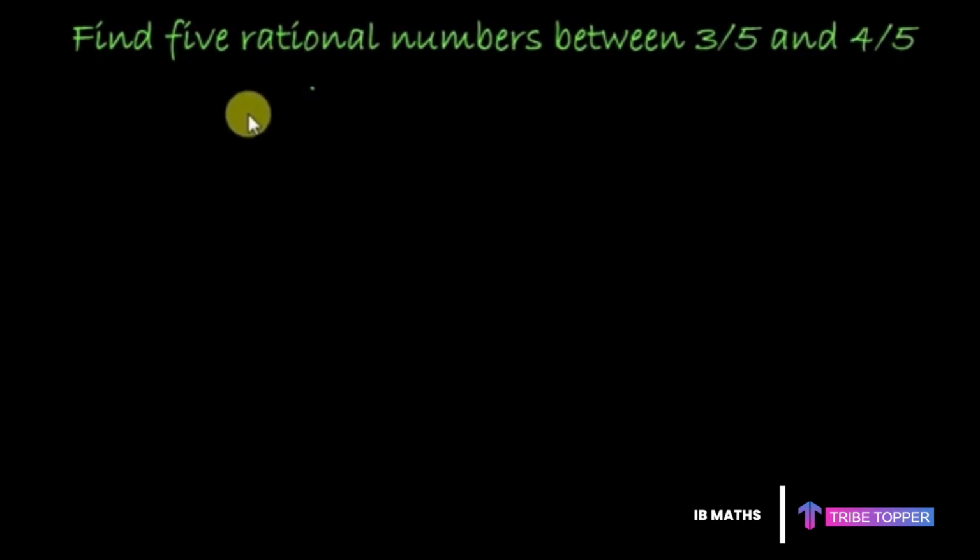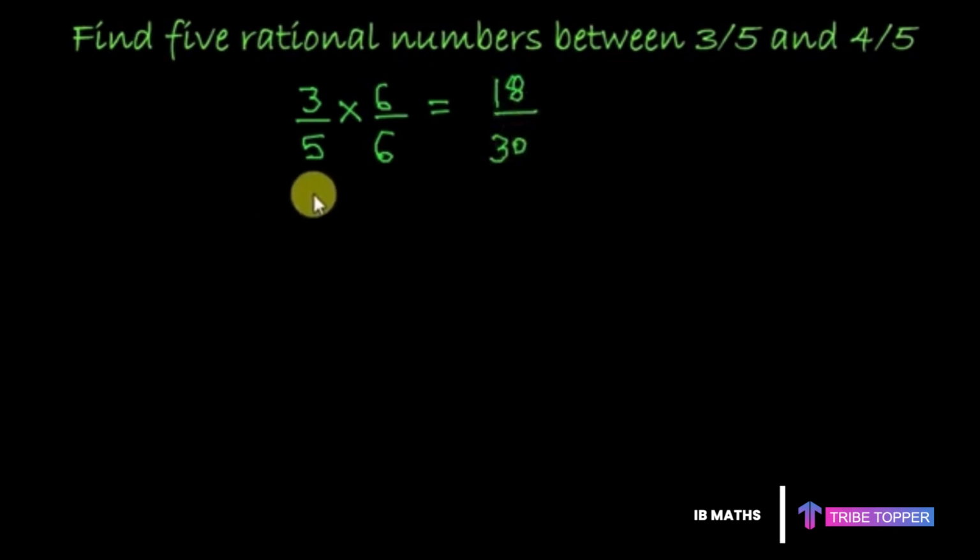So I would again prefer to take 6 here, so I can actually write 3 by 5 by multiplying and dividing it by 6, and I get 18 upon 30. And the other number is 4 by 5. I can write this also as multiplication with 6 upon 6, and I get 24 by 30.